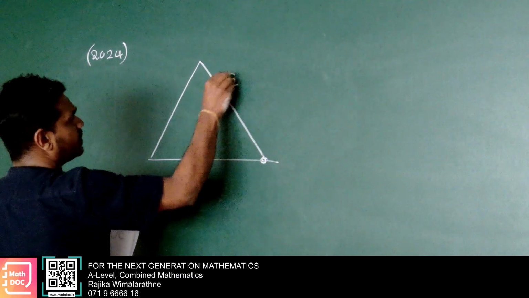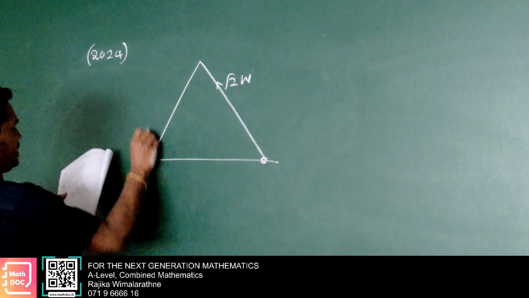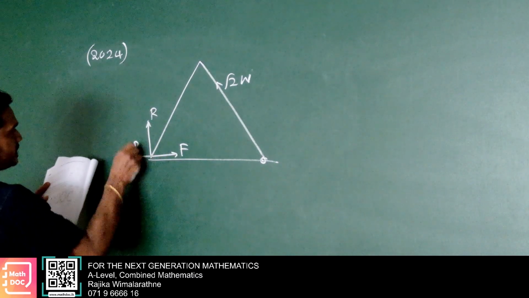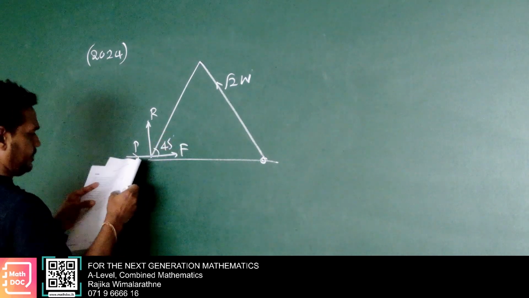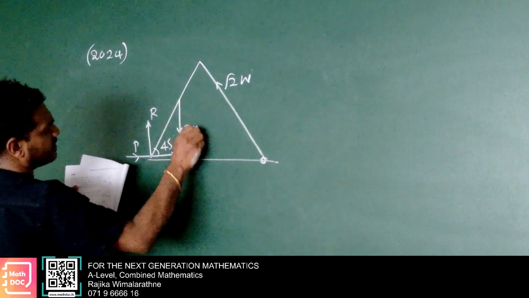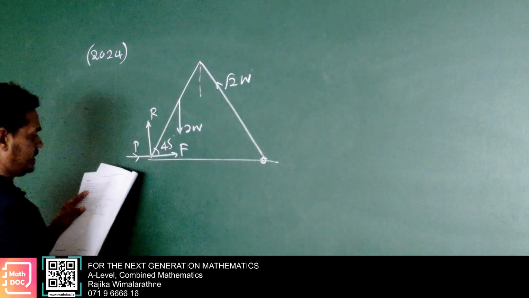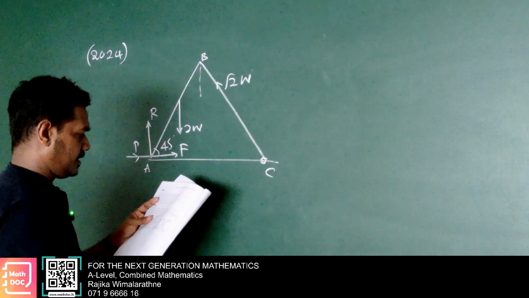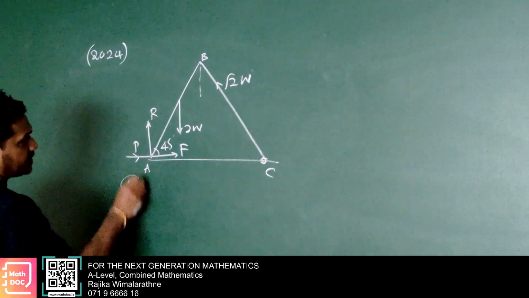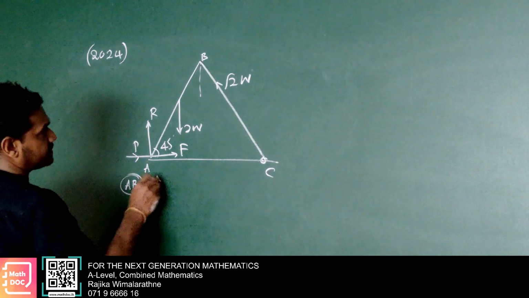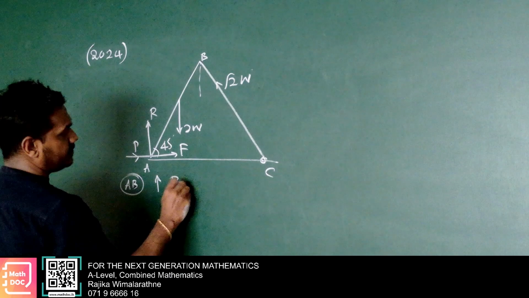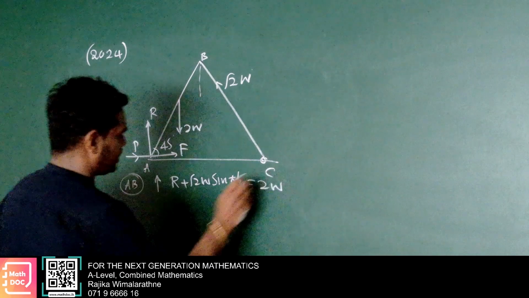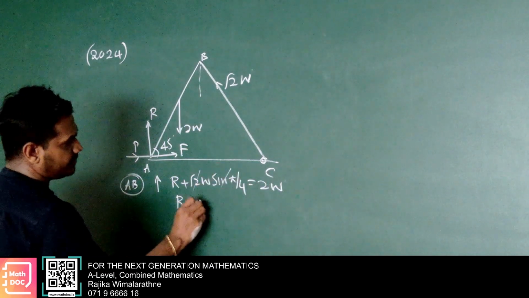Here hinge, root 2W force, then here reaction R, the friction F, given P force, here 45-degree inclination, here 2W, here it is, A, B, C. Now consider AB rod, consider vertical force R plus root 2W sine pi over 4 equal 2W. Then cancel R equal W.